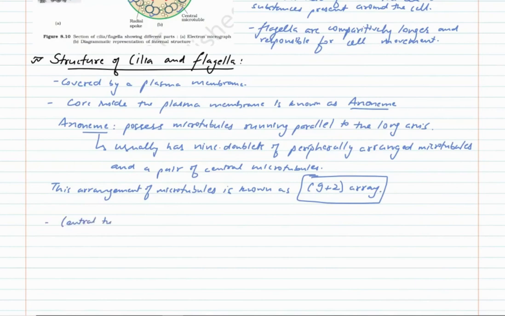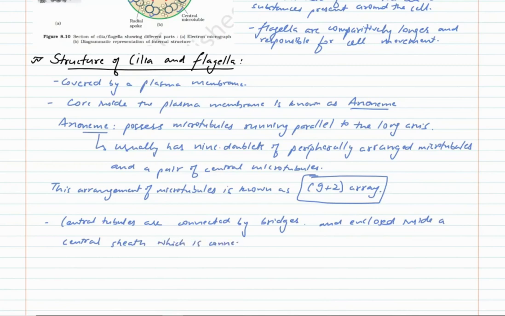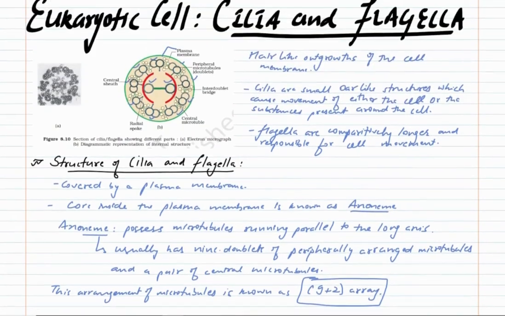The central tubules are connected by bridges and enclosed inside a central sheath, which is connected to these tubules.